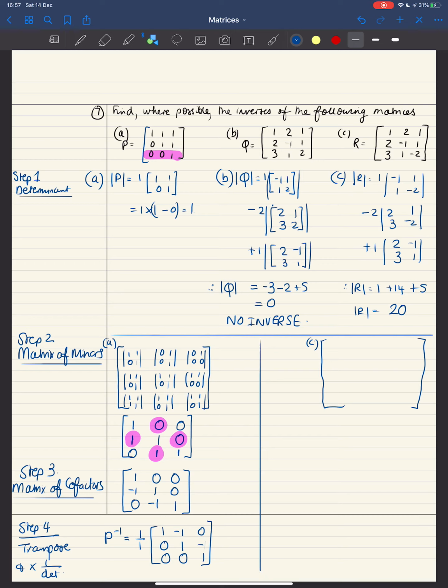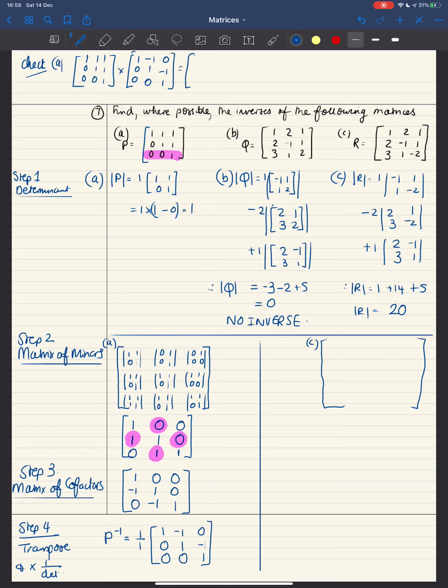The way to check it, I'll do the check up here. The check for the first one for A is, you take the original 1 0 0, 1 1 0, 1 1 1, multiply by the inverse, 1 0 0, minus 1 1 0, 0 minus 1 1.